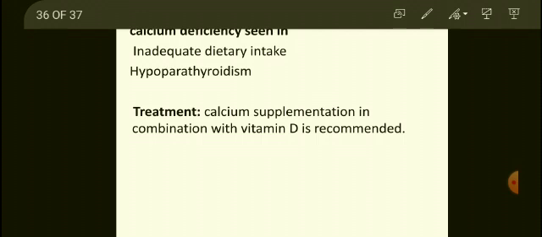Now, treatment for hypocalcemia is that supplementation of calcium in combination with vitamin D is recommended. So we usually give calcium along with vitamin D because vitamin D is required for absorption of calcium from the intestine.